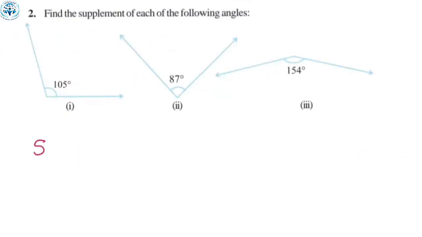The second question is: find the supplement of each of the following angles. Supplementary angles you already know. Let us discuss once again. Supplementary angles are those that sum up to 180 degree.